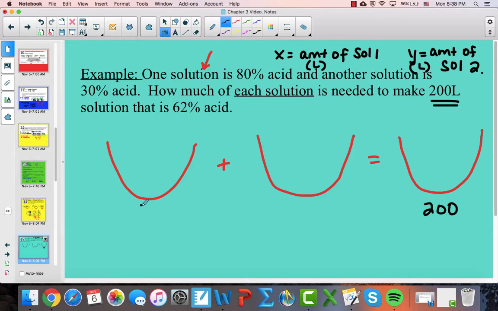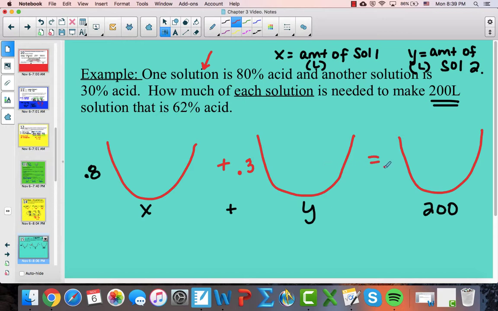So that means my 2 solutions, X plus Y, has to equal 200. Now, the percent is the value, as in the other one. So my first solution, I want it to be 80%, which is 0.8. And the second solution I'm mixing into this is 30% acid, so that's 0.3.